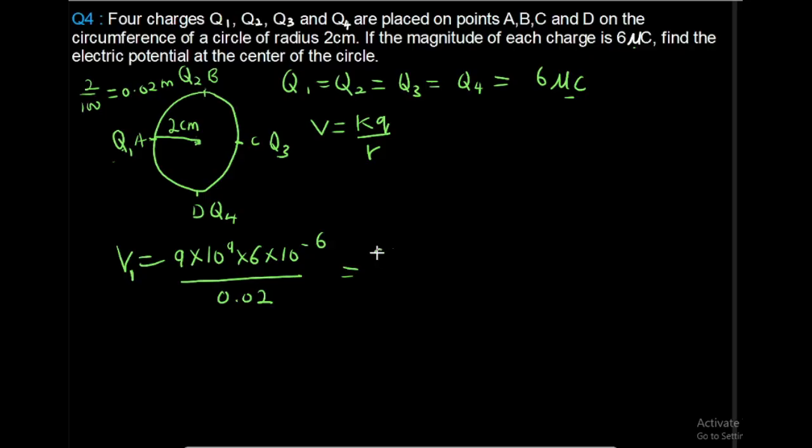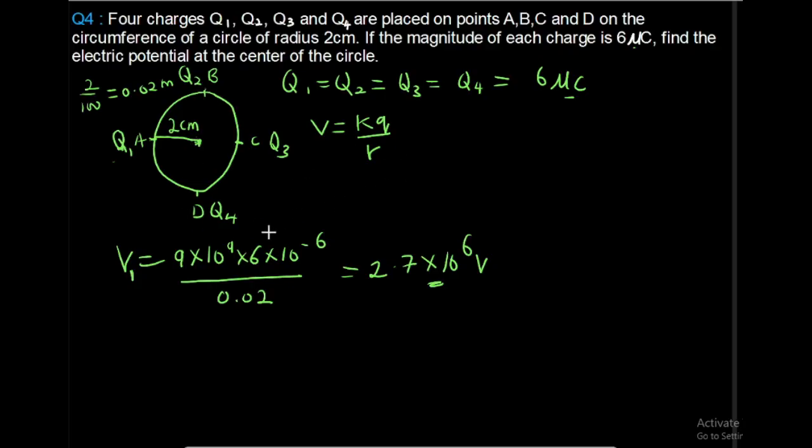So that will give us 2.7 times 10 raised to the power 6 volts. So this is the potential of just this charge to the center.